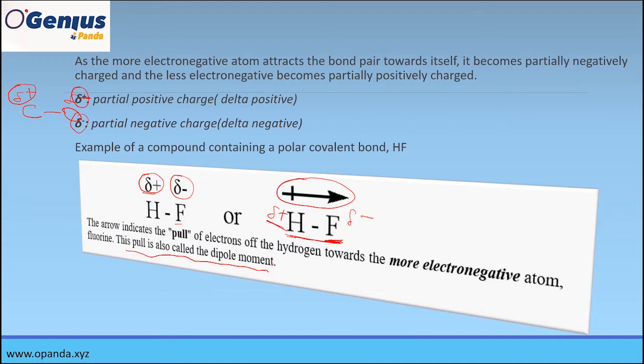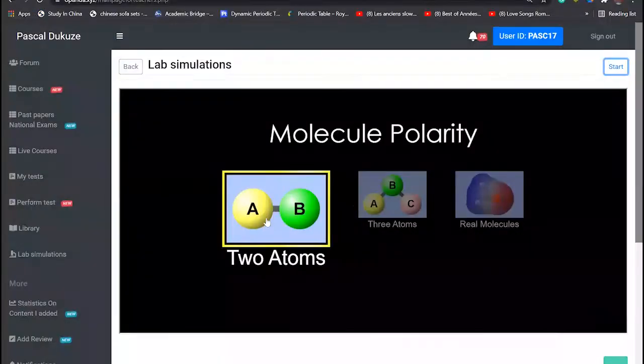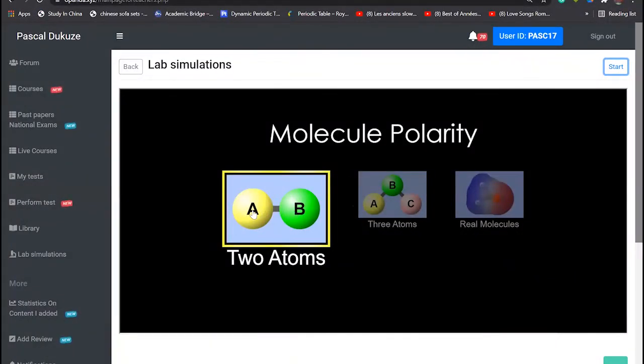Now let's go to the simulation and see how it works and how we can use it to illustrate how bonds may be polar, non-polar, or ionic. We start with two atoms. Here we will be describing bond polarity, and for molecule polarity, we will use three atoms.